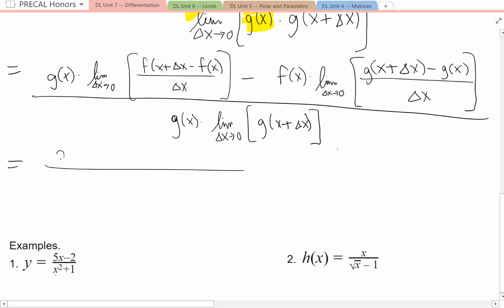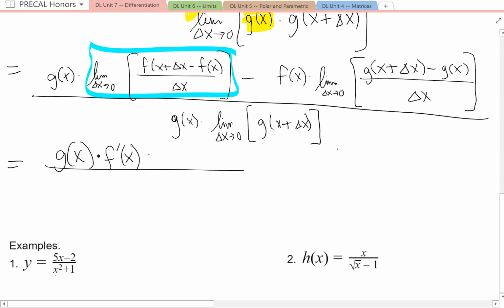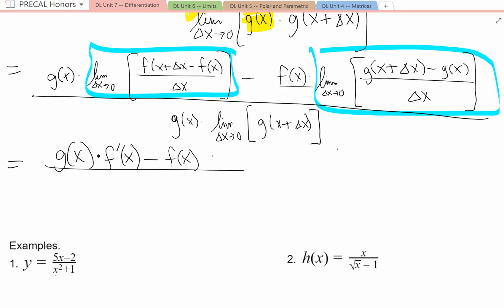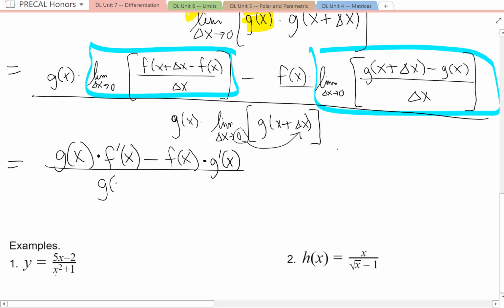Okay. Let's substitute our definitions of the derivative. So I have g of x times this, which is f prime of x, minus f of x times this, which is g prime of x, all over, when you substitute 0 in for delta x in the denominator, you get g of x times g of x plus 0.